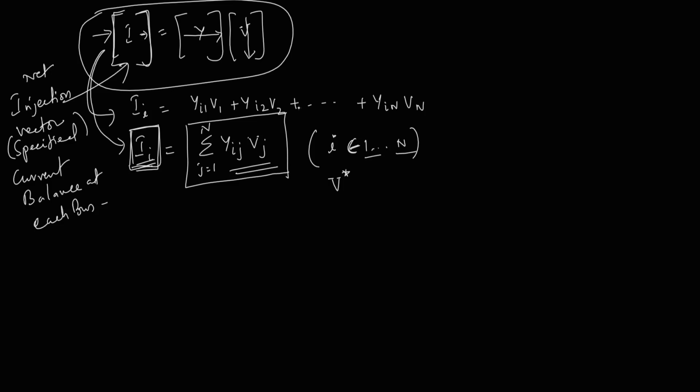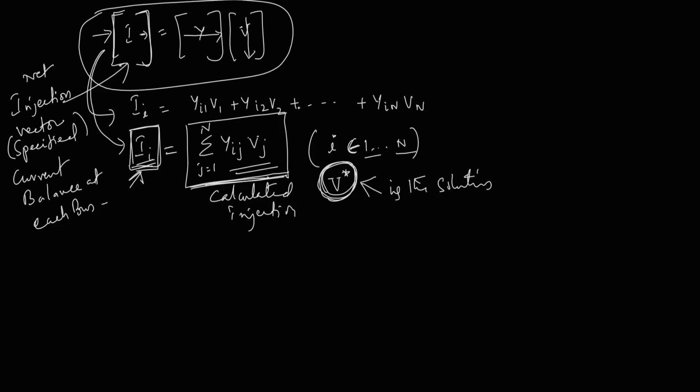That means this particular vector V, which makes the specified injections equal to the calculated injections, is the solution. Have you followed what I am actually looking after?